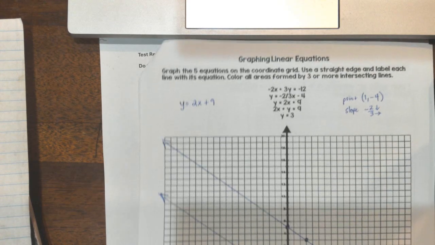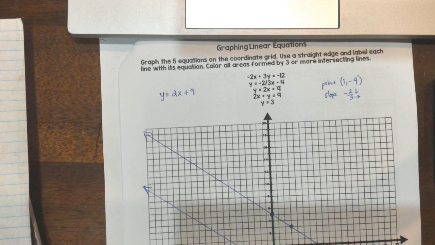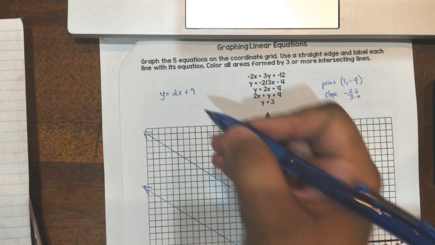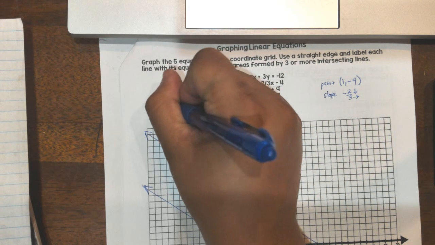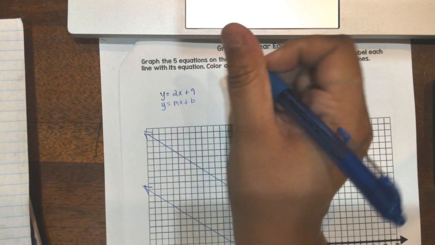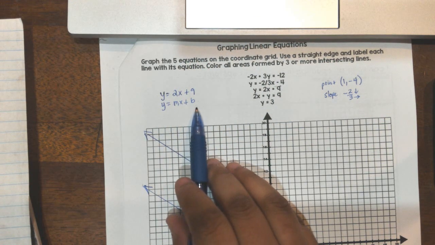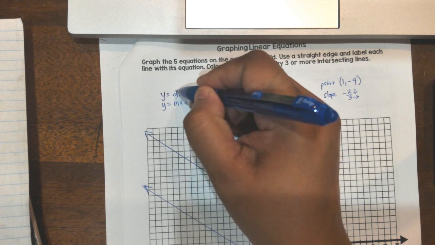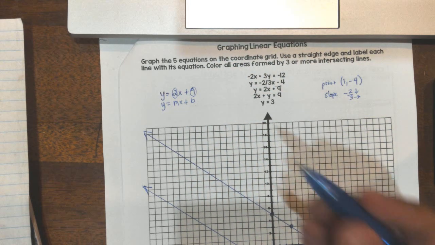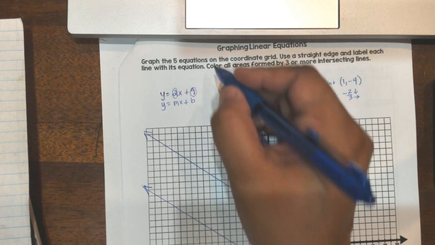You need to be able to determine which one is the slope and which one is the y-intercept. So what I always say is just to write it down. You're going to have scratch paper, so write the slope-intercept form on your paper right underneath it. This is your slope. This is where you start with your y-intercept. It's a positive 9, so b is equal to 9.